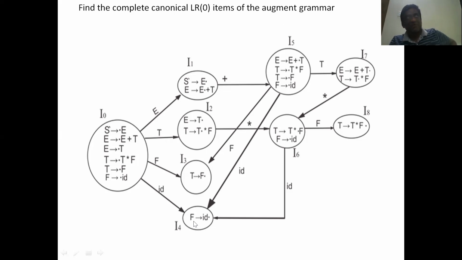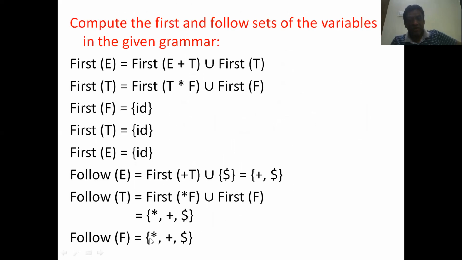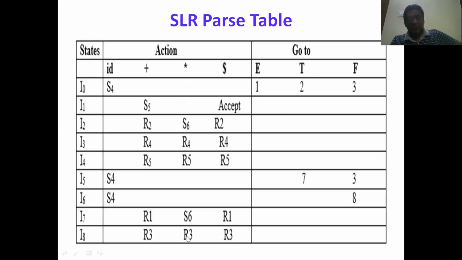That is the unambiguous grammar, not the ambiguous grammar. This represents the reduce operation. We write R5 in combination with follow of F. Look at it: star, plus, dollar. So with I4, at plus, star and dollar, we write R5. Similarly, you can fill up all these reduce operations here.